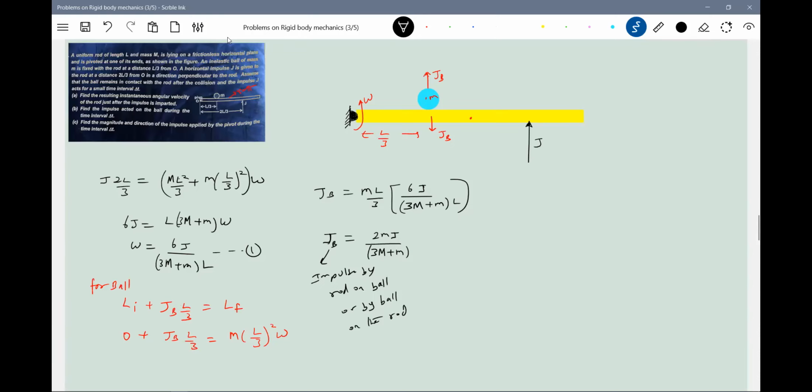Why should the pivot come? Will there be any impulse? In that interval, the pivot is also asking. From where the idea has to be brought.